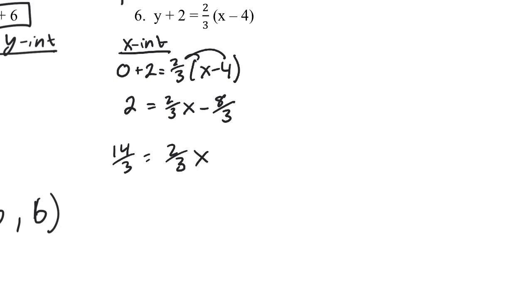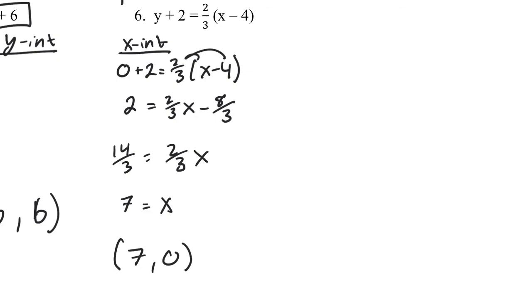Multiply both sides by the reciprocal 3/2, or divide by 2/3. They'll get you the same result. When we do that, we get a very nice integer value, 7 equals x. So our coordinate point for the x-intercept would be 7, 0.